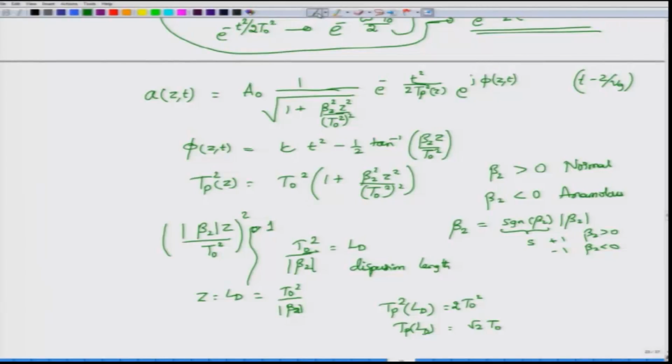But the basic idea is that when you propagate through a certain characteristic length, in this case equal to L d, then the pulse width would have changed by a factor of square root 2. Of course, I have said that this is true for both normal and anomalous dispersion, but there is actually a difference in the way the pulse width goes forward, which we will see shortly.